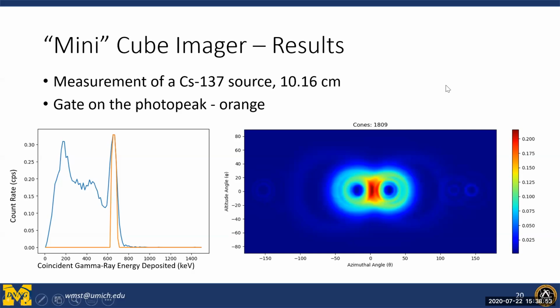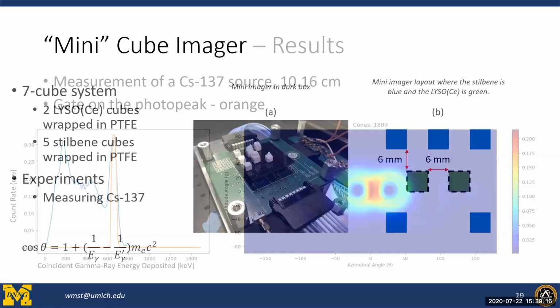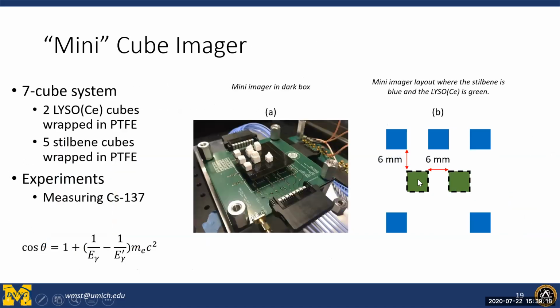Our source was placed at 0, 0 directly in front of our system, and we can see that it is able to isolate or localize that source very well, with the caveat that we're getting these two wings around our image. And of course, we can explain these wings based off of our lever arm distribution. So if we look at our system here, we can see that for forward scattering events between our stilbene cubes and our LYSO, we only have two angles.